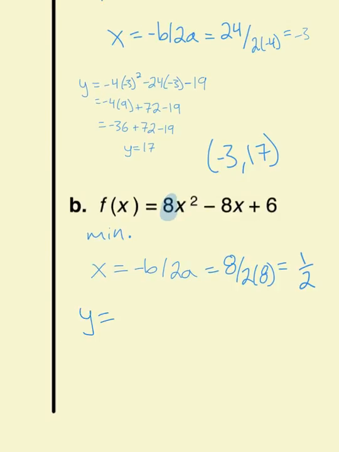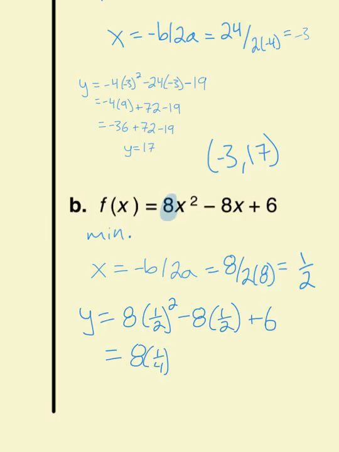So I have y equals 8 times 1/2 squared minus 8 times 1/2 plus 6. Now 1/2 squared is 1/2 times 1/2, which is 1/4. So I have 8 times 1/4. 1/4 of 8 is 2.